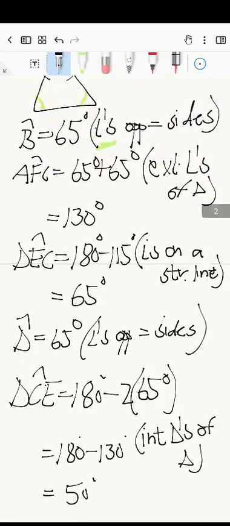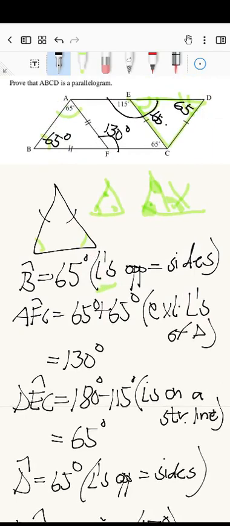Okay, so we've proven now that this one is 50. So if I add these together, that is going to give me 115 degrees. Okay, so that is nice. Let's go and see if we can find this one over here. So, right, we want to find this angle over here, and we are going to use the fact that this is a quadrilateral.